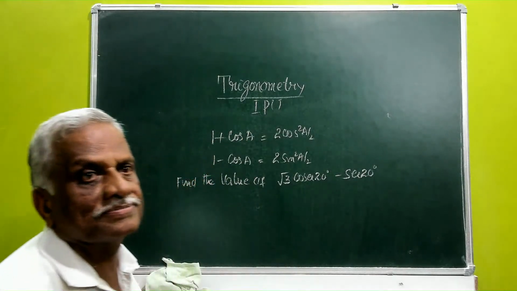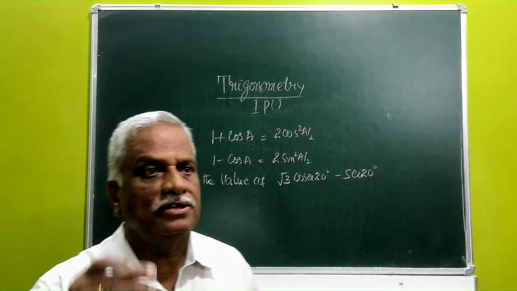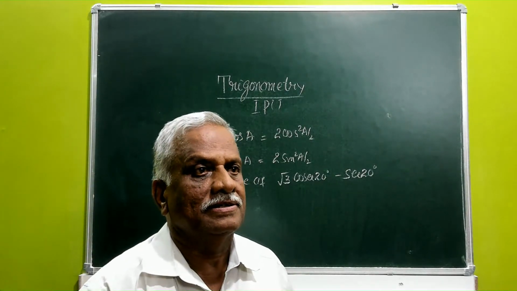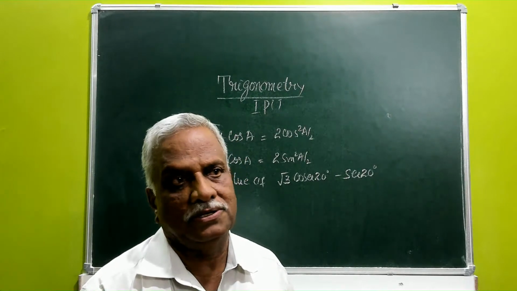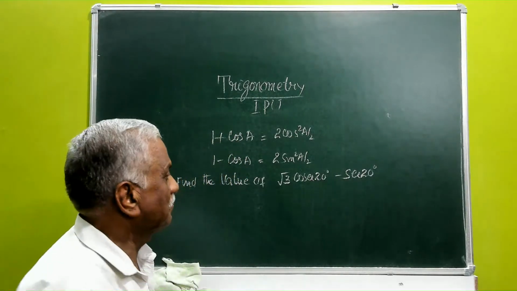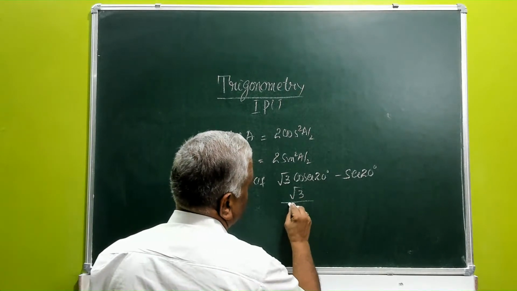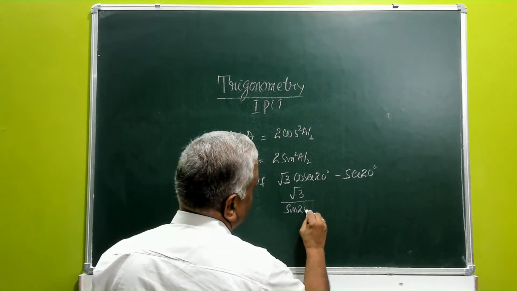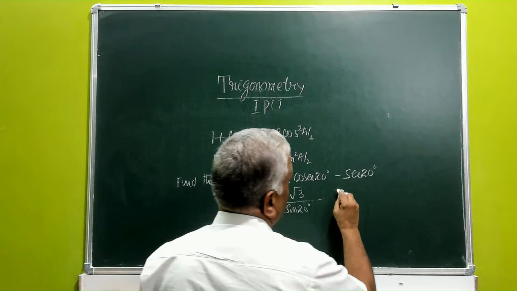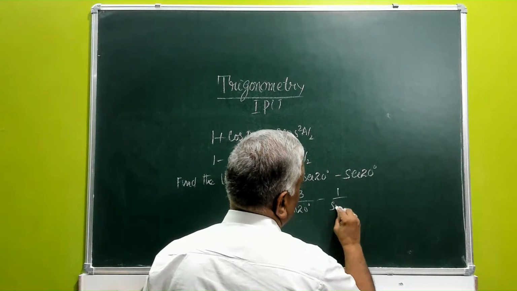Please note, unless you have a clear memory of the formulas, you can't score marks in this. So you can write this as root 3 over sin 20 degrees minus 1 over cos 20 degrees.